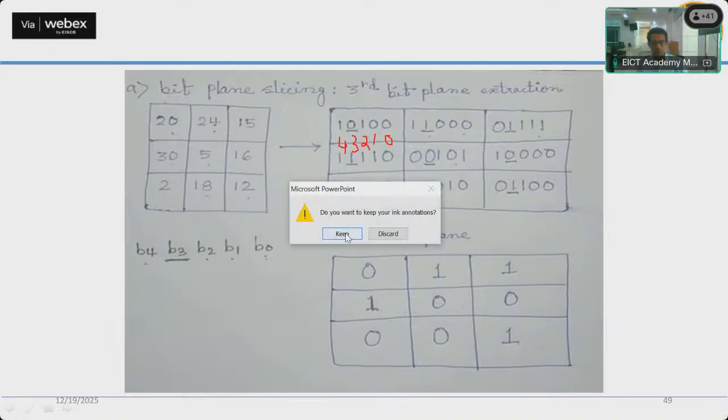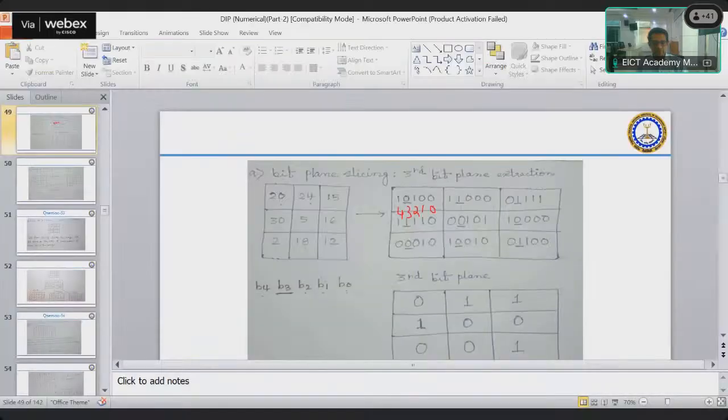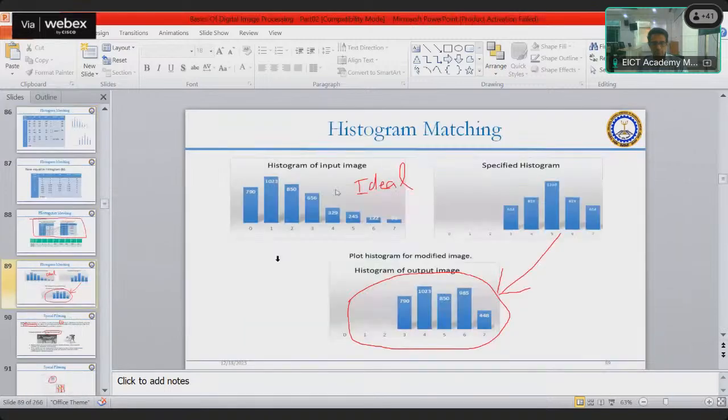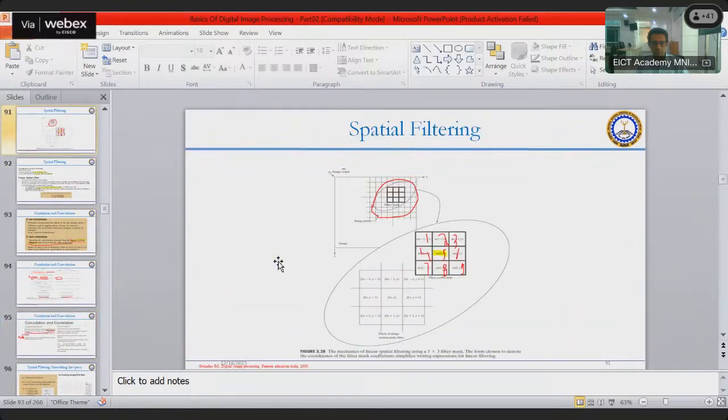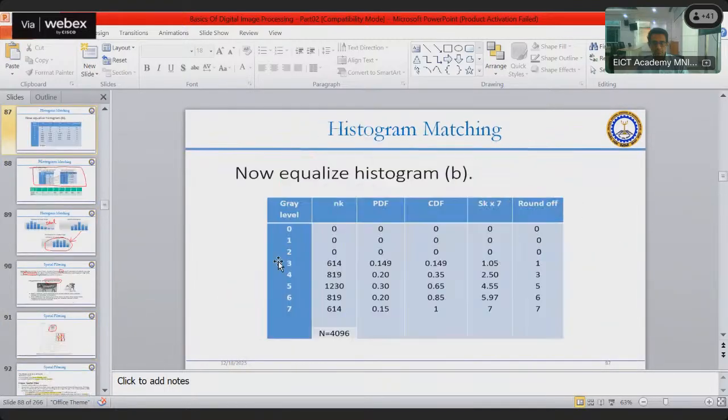Are you able to recall the bit plane topic? See, this is 1110. What I want to emphasize, let me show you.